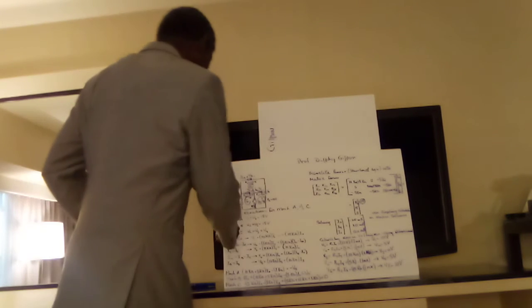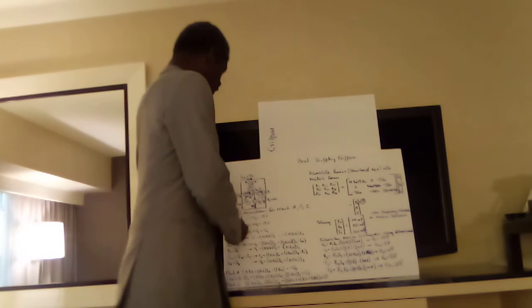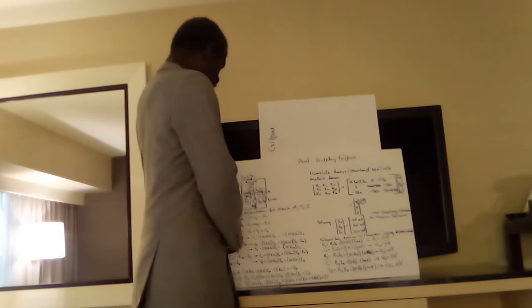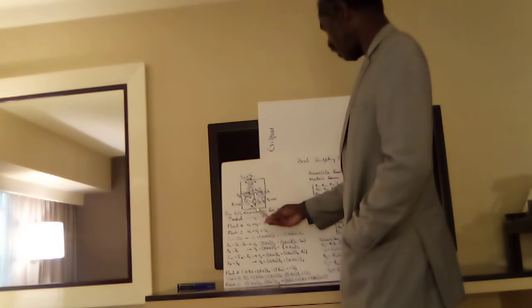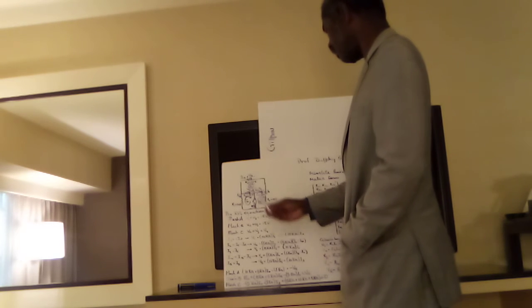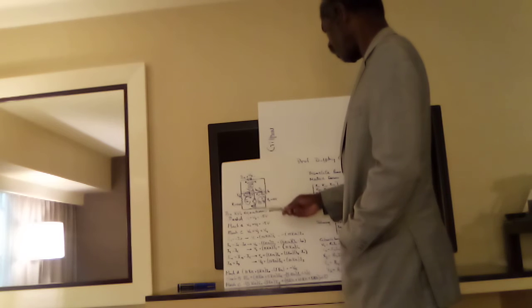Now in our analysis, we use the KVL, or Kirchhoff voltage law, equation for mesh A, B, and C. And we say now that for mesh A, we have V1 plus V2 is equal to 15 volts.